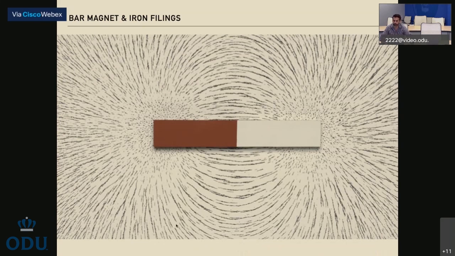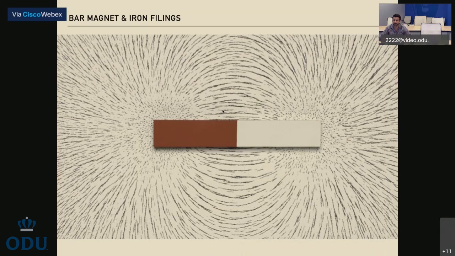So here, what I'm showing you is a simple bar magnet with a north pole and a south pole. And what you're seeing are images of the patterns that iron filings take in the presence of bar magnets.